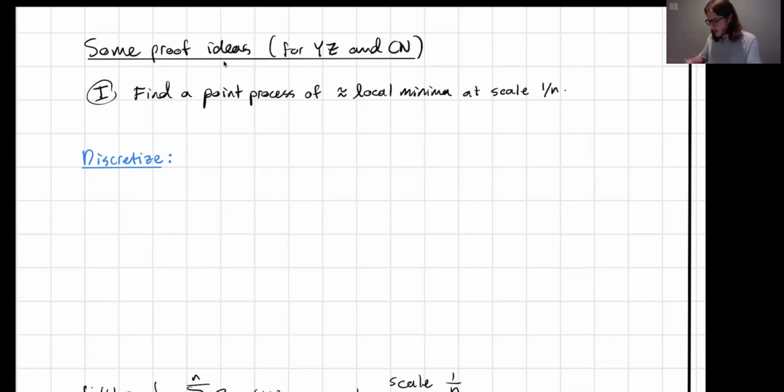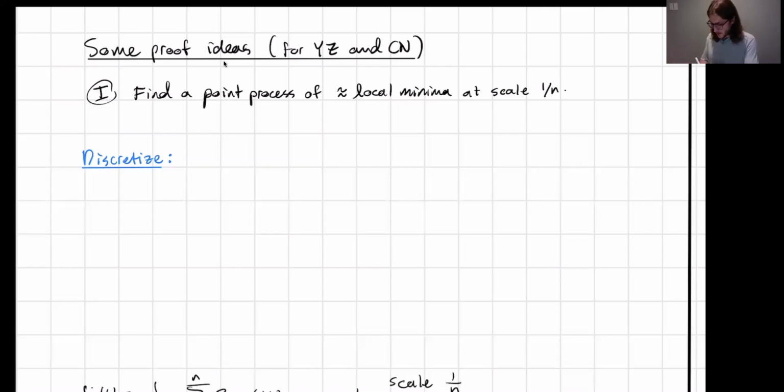Okay, so morally, why do we get an exponential distribution in the limit? Well, more specifically, what we show is that if you look at the local minima, these local minima roughly follow a Poisson point process of intensity square root of pi over 3. And so when you look for the global minimum, you have a Poisson point process of this intensity on the line.